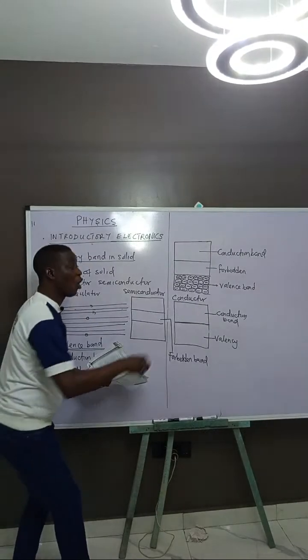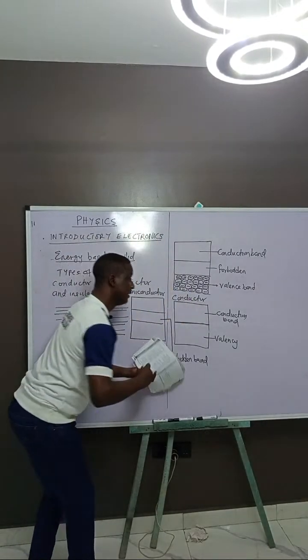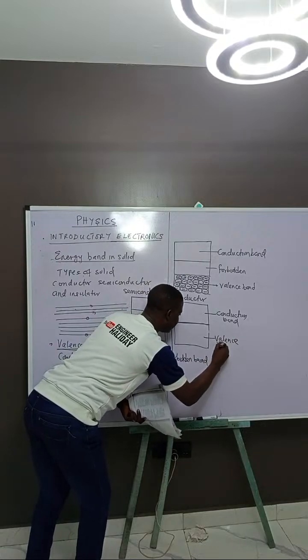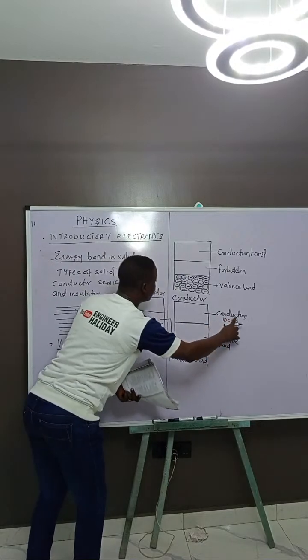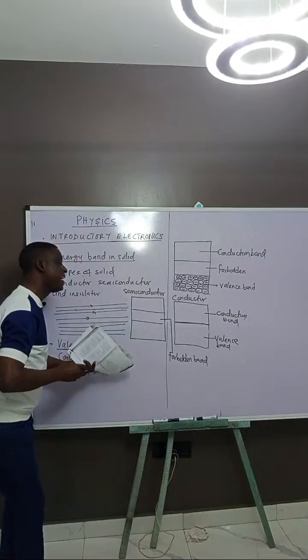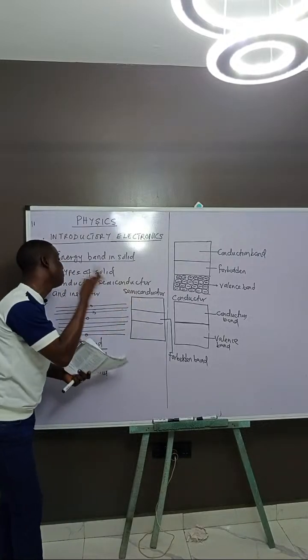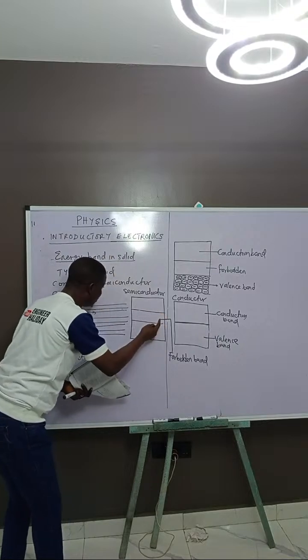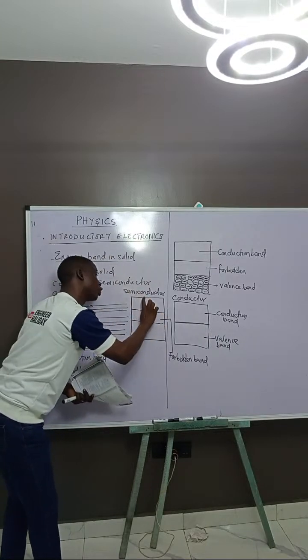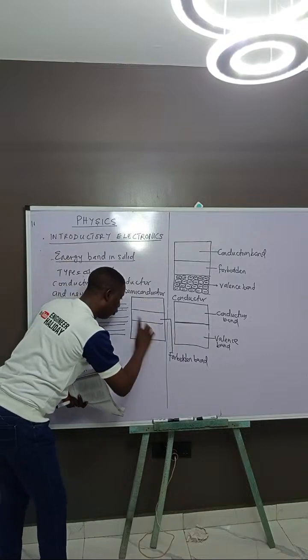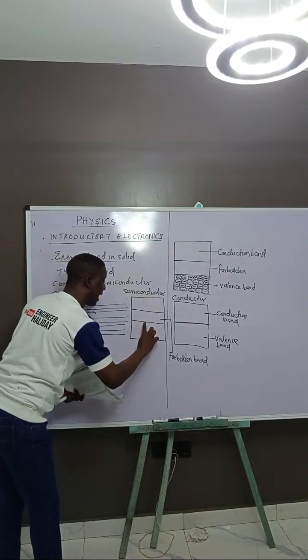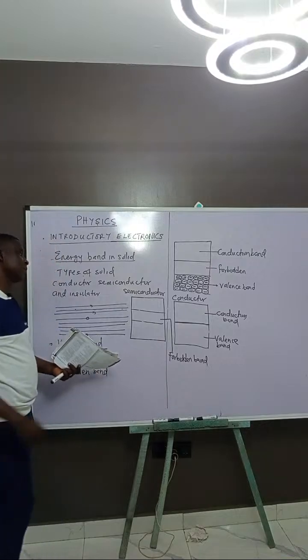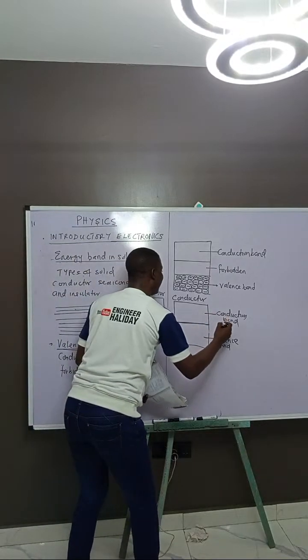A conductor has only two bands, the valence band and the conduction band, while a semiconductor has three bands: a narrow forbidden band, which I've drawn here, a conduction band, and the valence band.